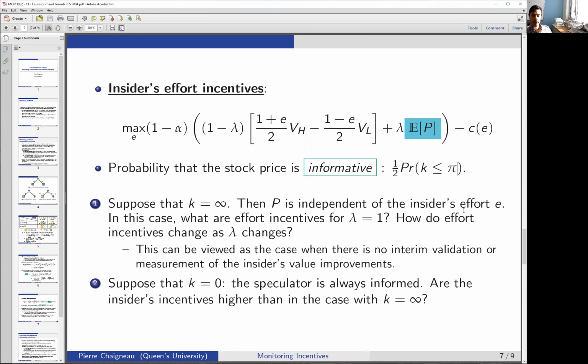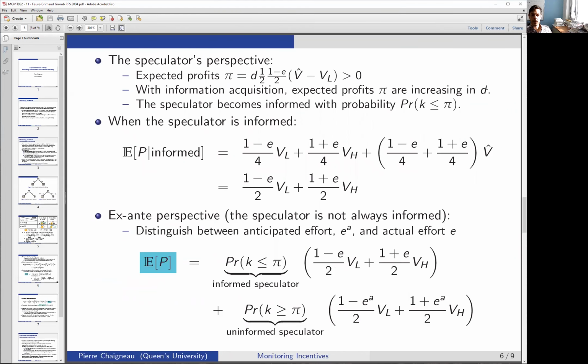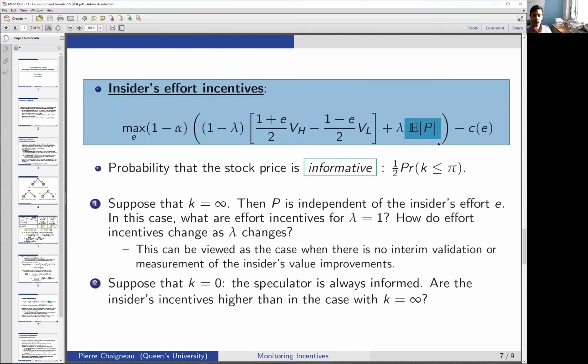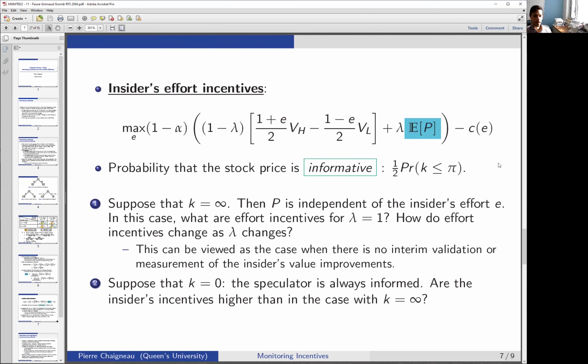And as we've seen before, the profits pi from informed trading are increasing in D, the quantity sold by liquidity traders. So it is increasing in the amount of liquidity trading on the stock market. So having liquid stock markets is actually very important. It improves the informativeness of stock prices, which in turn is going to matter to determine the effort incentives of firm insiders. So it's going to matter for corporate governance.